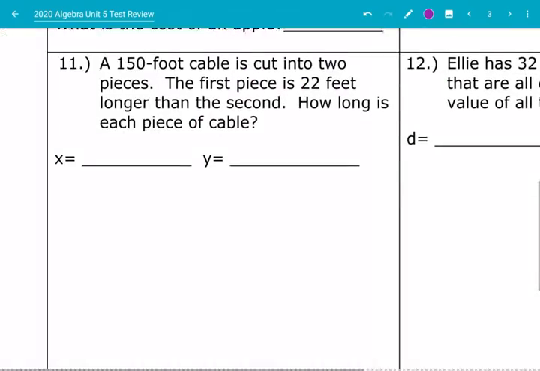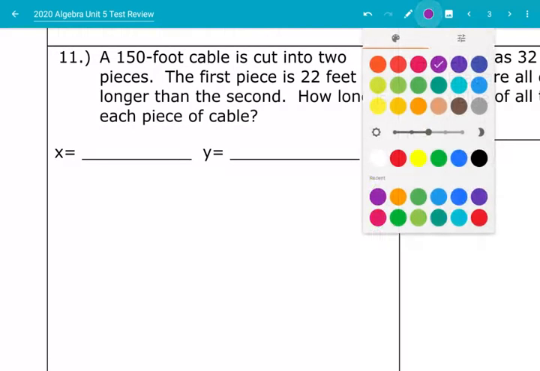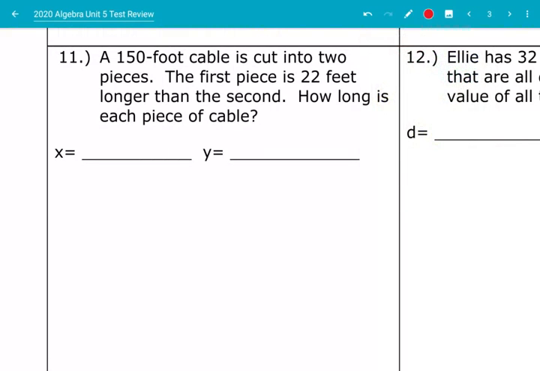What's next for us? A 150-foot cable is cut into 2 pieces, so x plus y. There's the first one. I'm going to write it this way: x plus y equals 150, just so it's in standard form. The first piece, let's call it x.